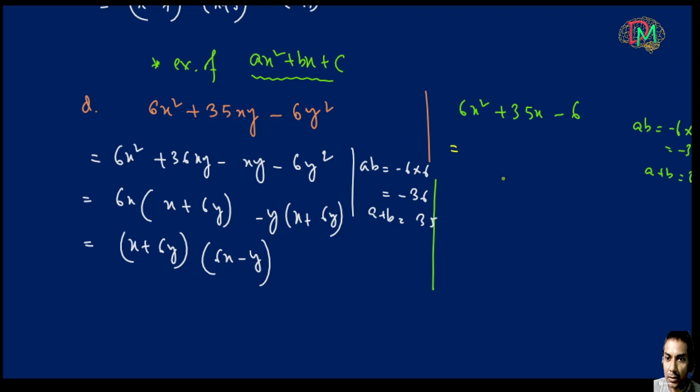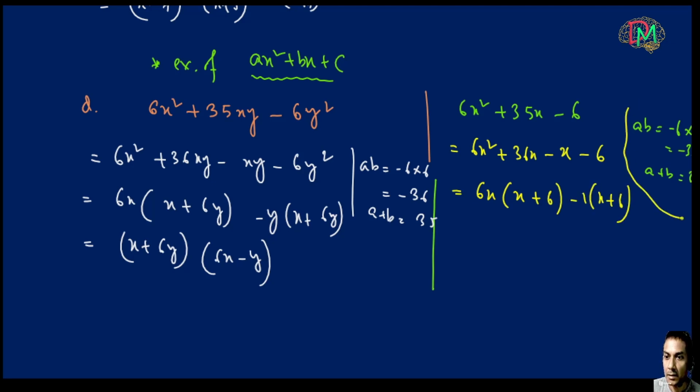We apply the same method: 6x square plus 36x minus x, and here the variable is only x. So 36 minus 1 is 35, and if you multiply, the coefficient will be minus 36. Here also minus 36, so it matches. So here 6 remains. If we take the common 6x, then x plus 6 minus 1 times x plus 6. Done. It will be x plus 6 and 6x minus 1.